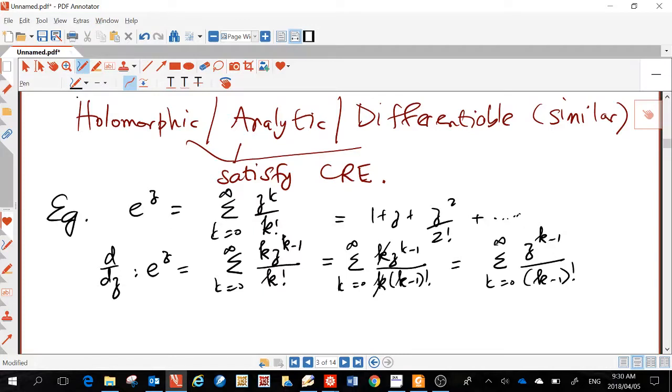It has the same shape, because the derivative of e to the z is e to the z. If I differentiate these terms, I get 1 plus 2z over 2 factorial, which is z again, plus the same z squared over 2 factorial. It will be the same thing again. That's a remarkable thing about e to the z. It's indestructible. You differentiate it infinitely, it remains the same.